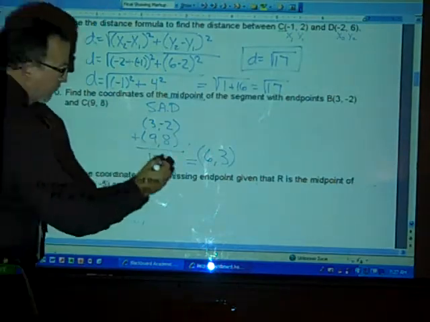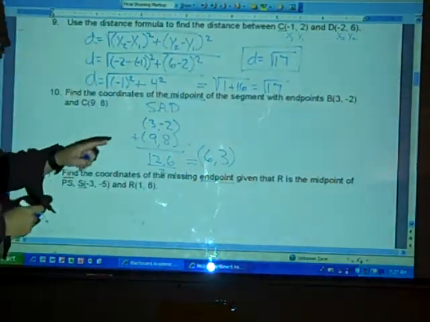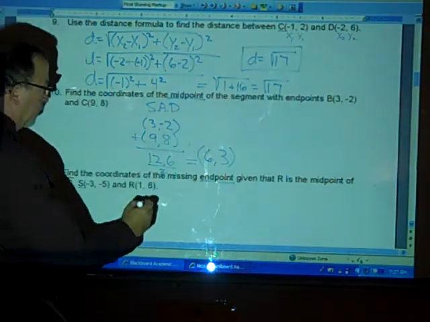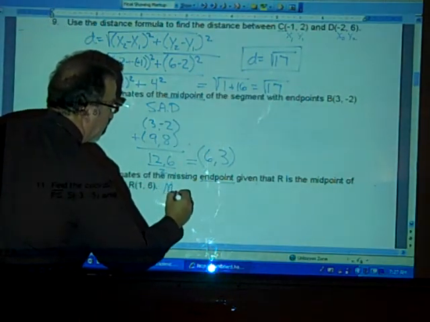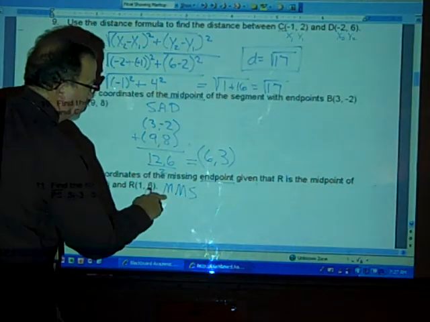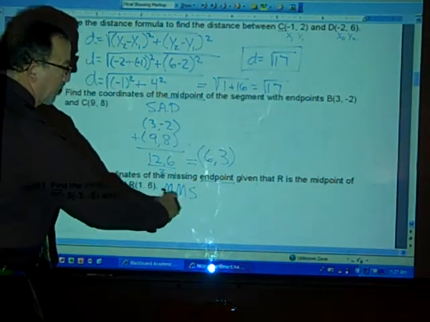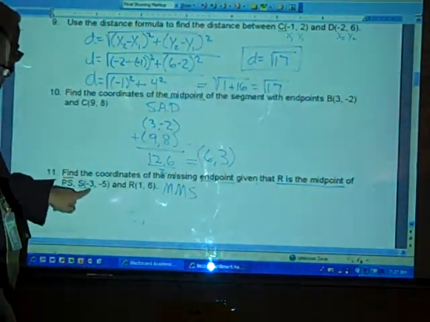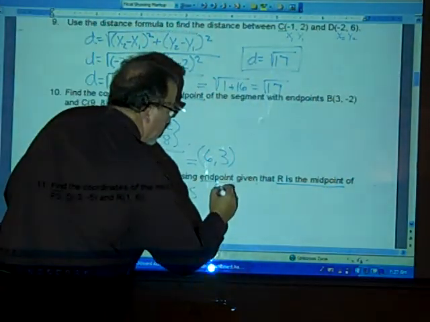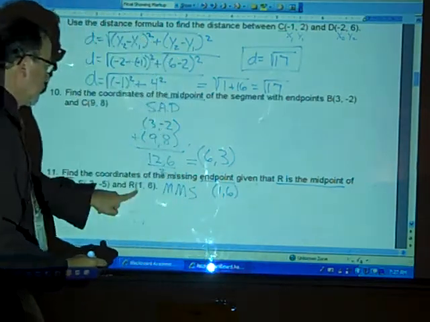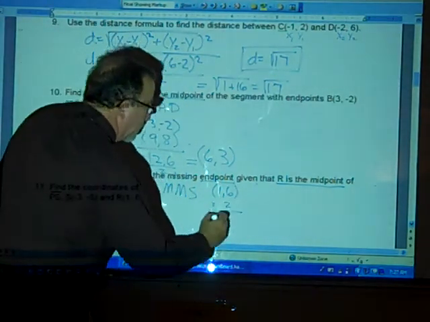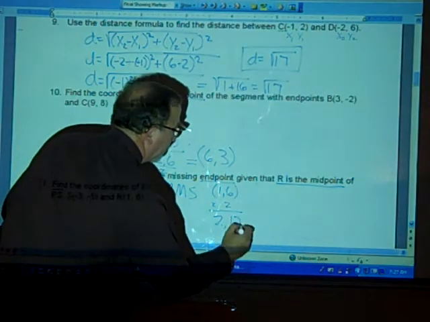And finally, we're looking for the endpoint, given that R is the midpoint. So for the endpoint, we're going to use MMS. Multiply the midpoint by 2, subtract the endpoint. R is the midpoint, so we're going to write that one down first. 1, 6. Multiply it by 2, so times 2 gives us 2, 12. Be careful not to carry over.